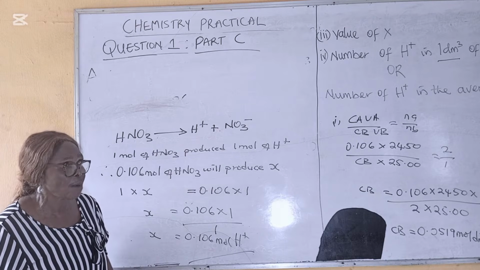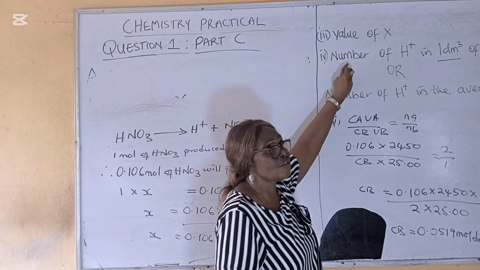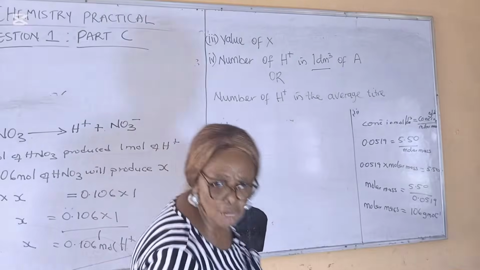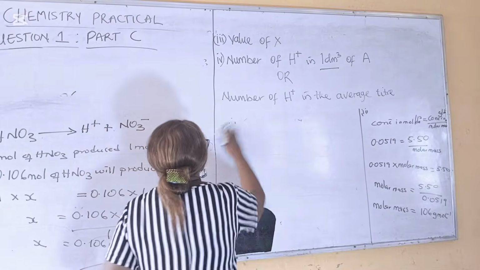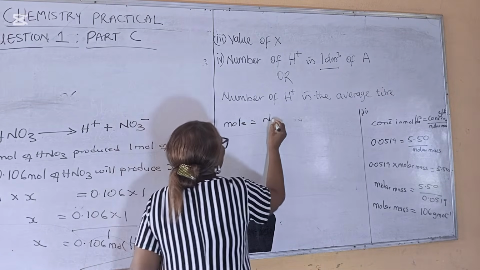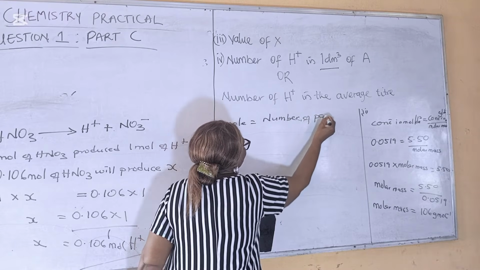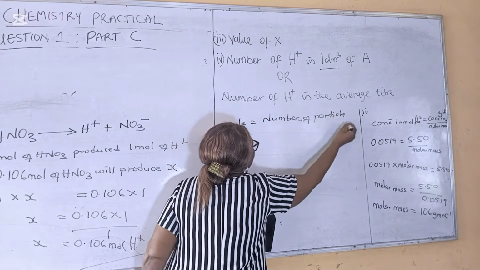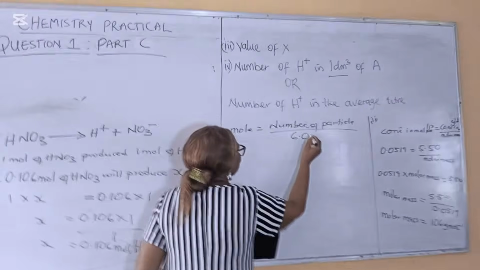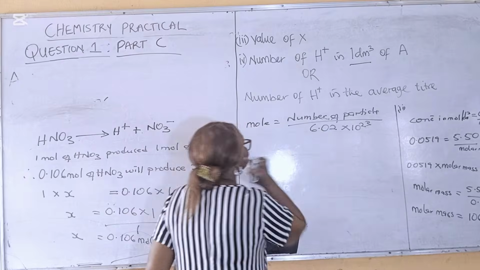But they didn't ask you for amount. They say number. Remember Avogadro's number. So because they say number, what is number? Remember, mole is equal to number of particle, which is ion, over 6.02 times 10 to the power 23, given.